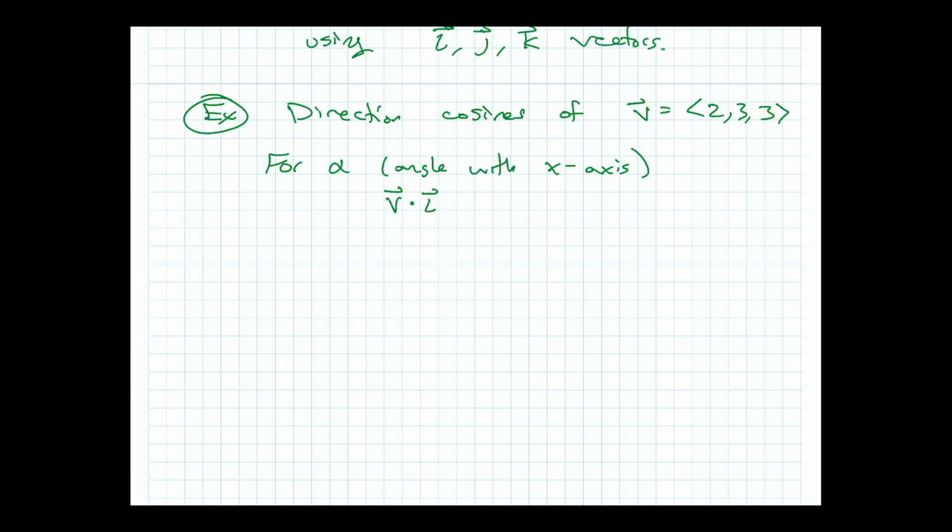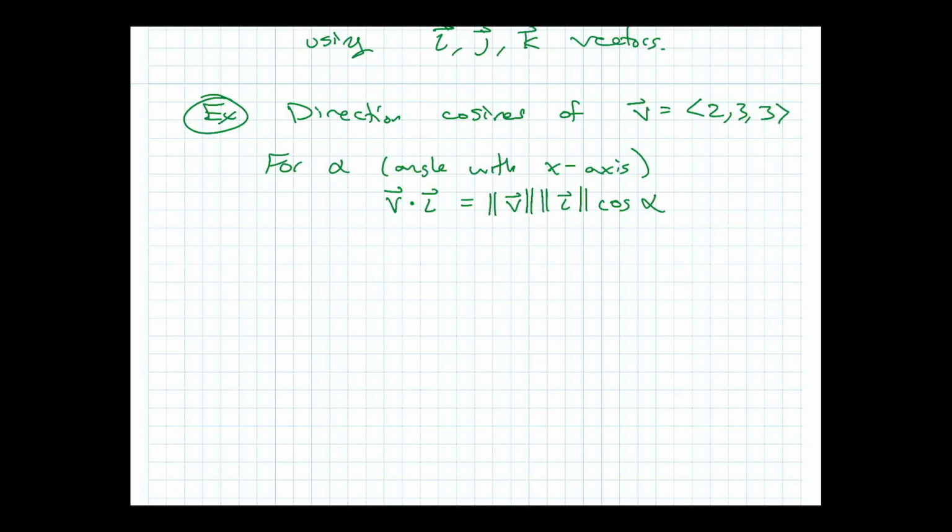The vector in the direction of the x-axis is i, and that would equal magnitude of v times magnitude of i times the cosine of the angle between them, which is alpha.